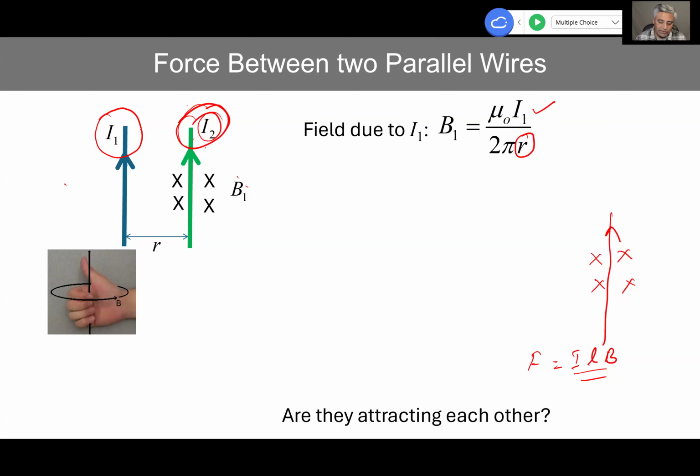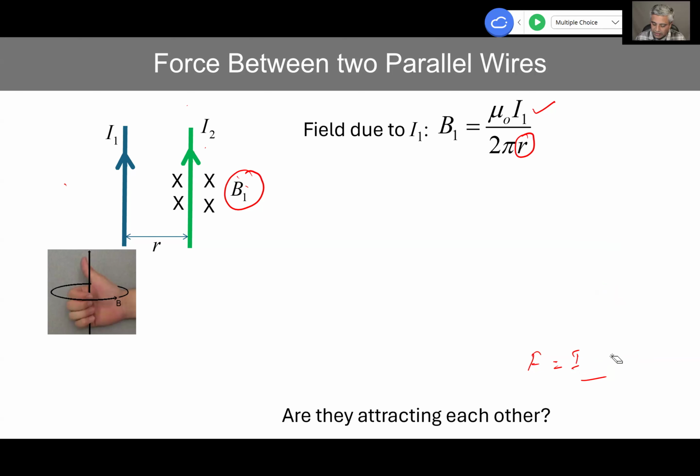The field produced by I2 is going to affect I1, but not itself. Same thing goes with the field produced by I1. The field produced by I1, which I am denoting by B1, affects I2, but not I1 itself, okay? That's what I'm showing here. Understanding this step by step is important to understand how these forces are acting.